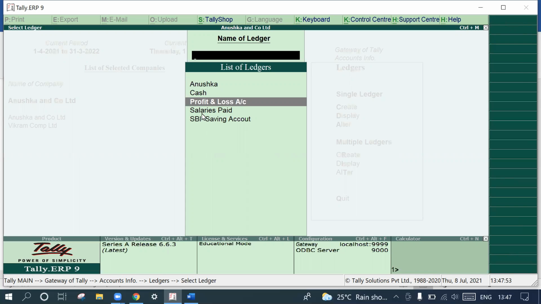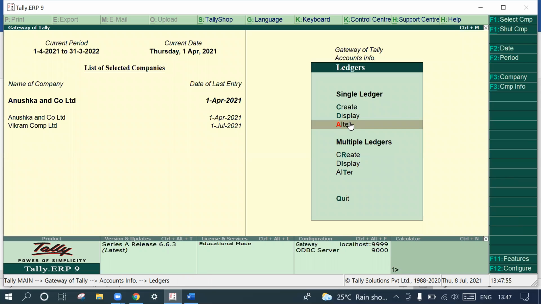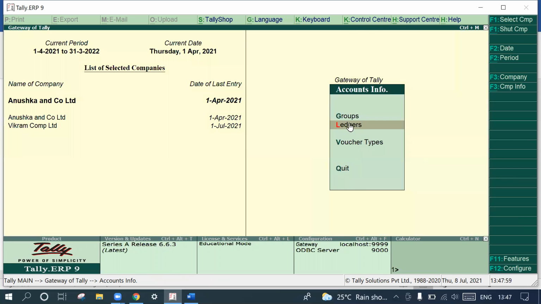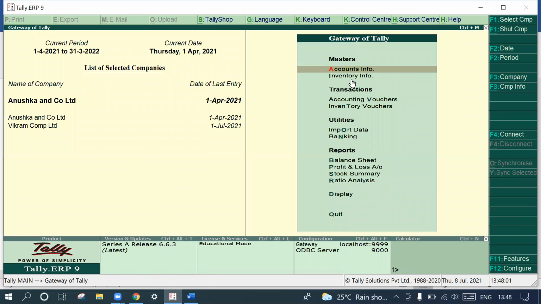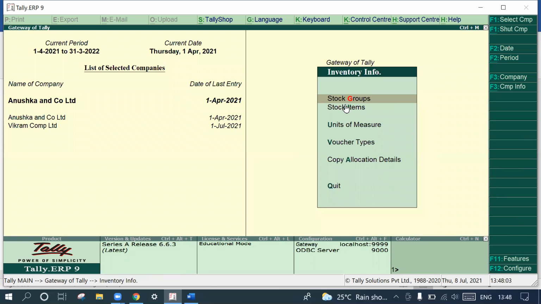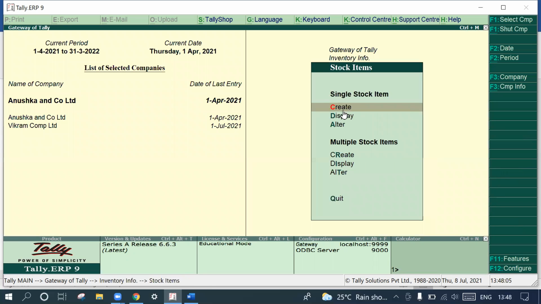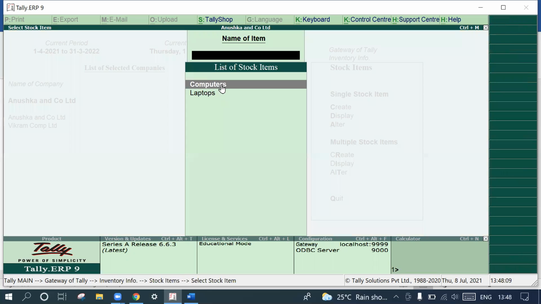So we can alter the ledgers, and also we can alter the inventory information, stock items. We want to alter stock items. What are stock items? Computers and laptops. So here, for example, laptops.